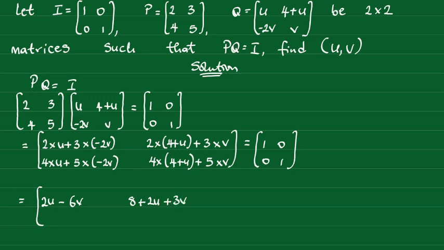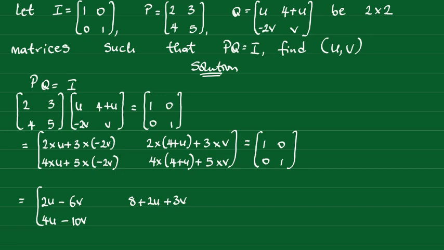Move down, we have 4 times U giving us 4U plus 5 times (minus 2V), this gives us minus 10V.